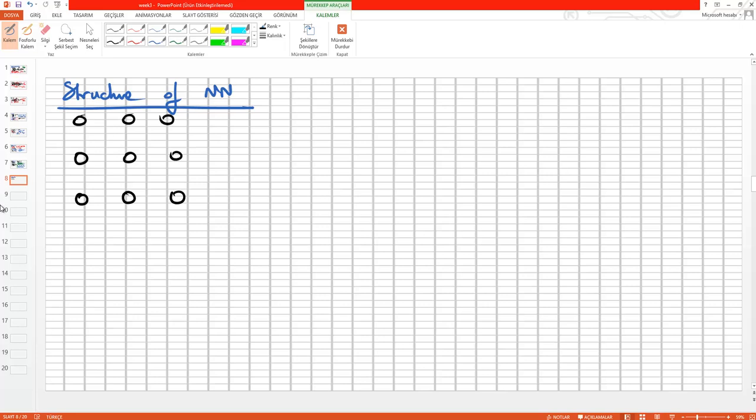Okay? So this is the what? The x0, usually 1. This is the xj. This is the xd. D is the number of the class. Okay? And so each neuron is connected to another neuron in here with the coefficients of the what?